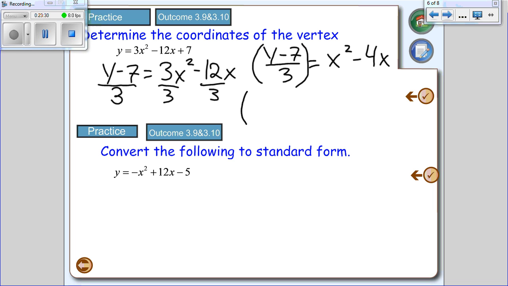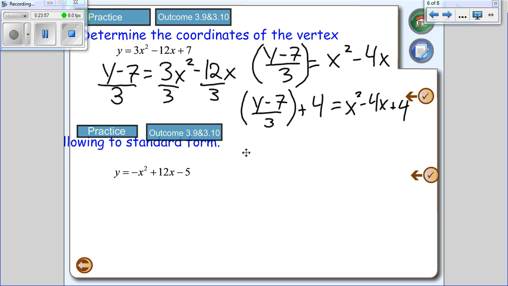I don't want that divided by 3 to accidentally get attached to that 4. That's why I do it that way. Is equal to x squared minus 4x plus 4. The right-hand side.